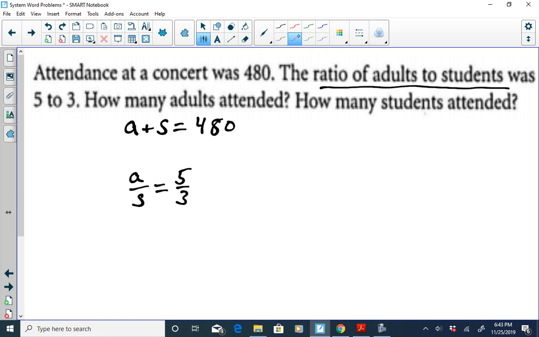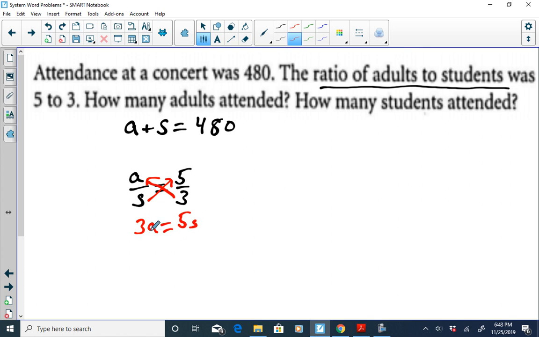Now, what we want to do is to solve that equation for either A or S, and then replace whichever variable in the first equation. So we do that by first finding the cross products, or using the cross products property, which says that the cross products of equivalent ratios are equal. So I multiply 3 times A, which is going to give me 3A, I multiply S times 5, that's going to give me 5S.